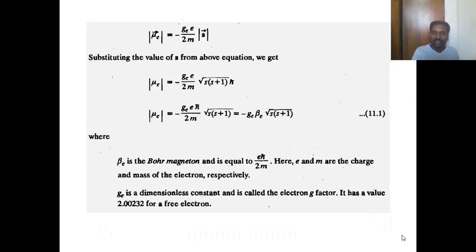If you look at this formula, square root of s into s plus 1 doesn't say anything about the orientation of the electron. That mu e is the magnetic moment created by the electron when there is no external field. Equation 11.1 is the magnetic moment created by an electron when there is no external field.